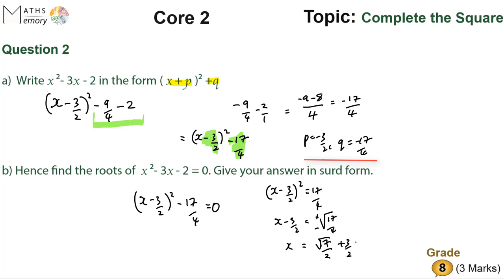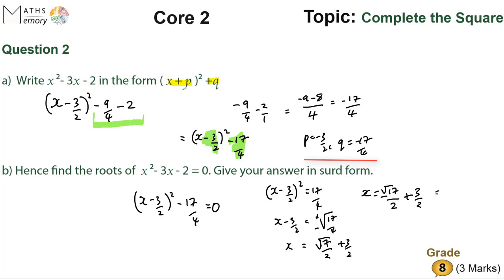That's one solution. The other solution would be x equals root 17 over 2 again, but this time the minus version, plus 3 over 2.